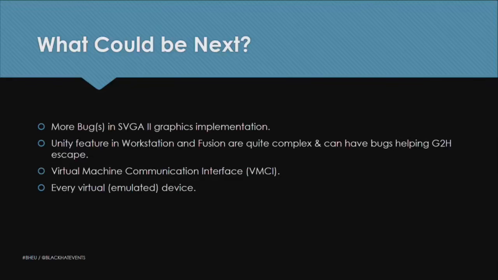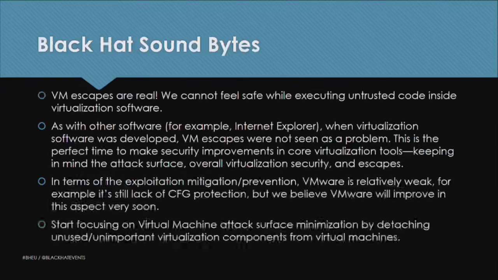And the Unity feature is one of the very complex features that VMware Workstation provides, so we may see some bugs in the Unity feature as well, which may allow guest-to-host escapes. Other than that, every emulated device that we see inside the guest operating system can be susceptible to guest-to-host escape attacks, including the network card and the sound card. So we may see some attacks in the other virtual devices as well.